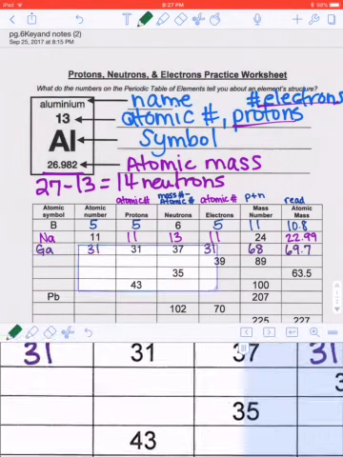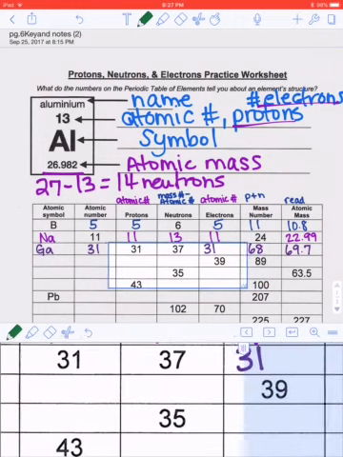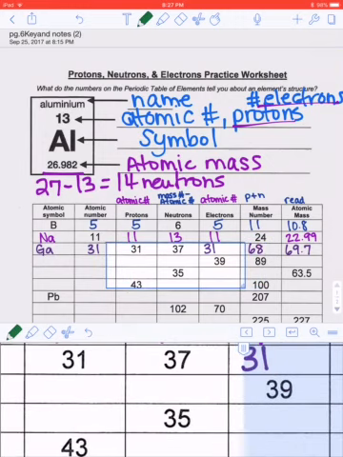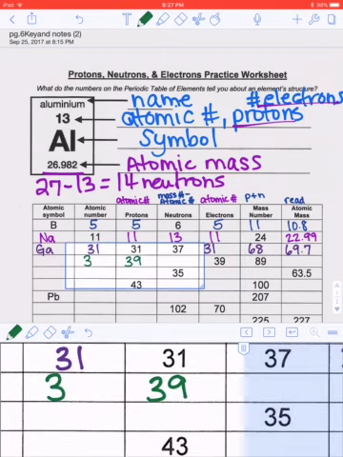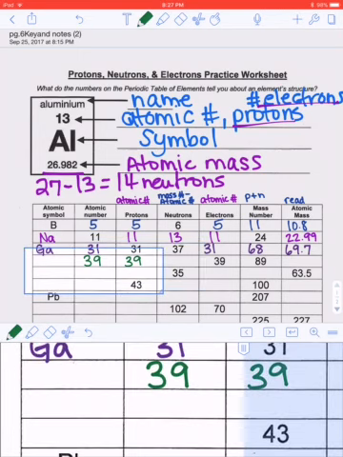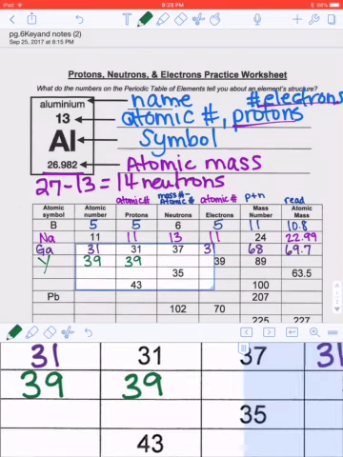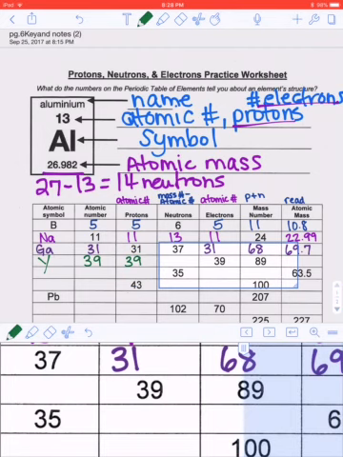Alright, now the next one is a little difficult because it gives you electrons. So you have to think electrons are the same as what? They are the same as protons, which is the same as the atomic number. So I have to find number 39. It's a fun one. It is Y, yttrium. So it also gives us the mass number.